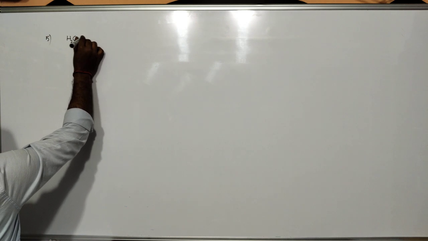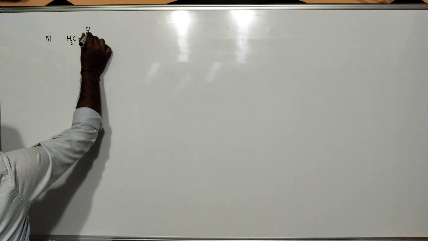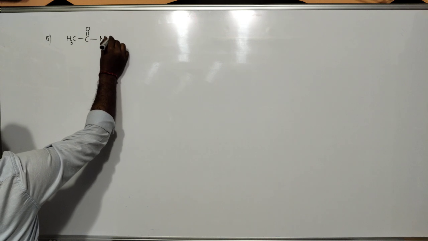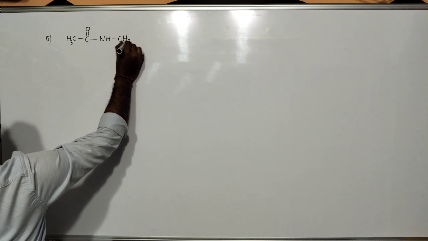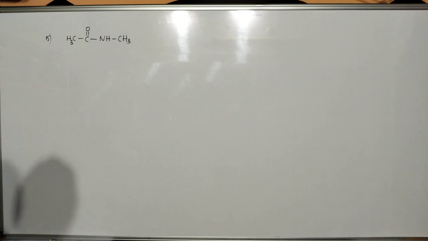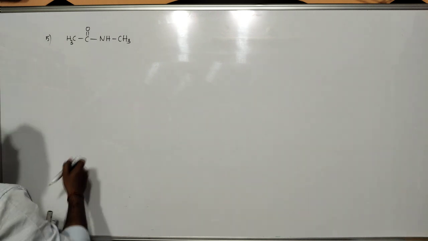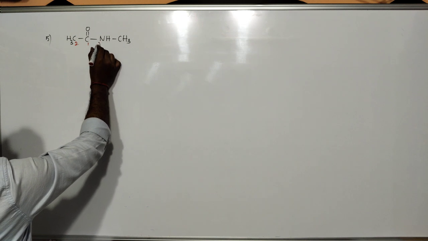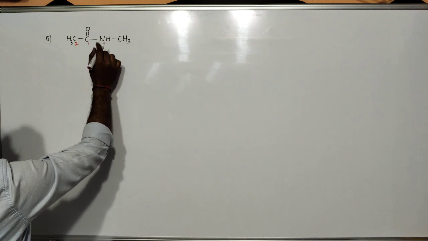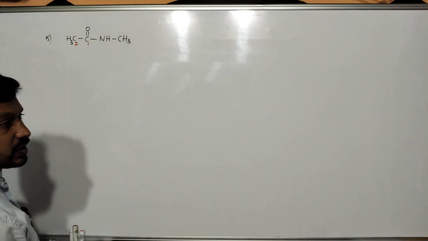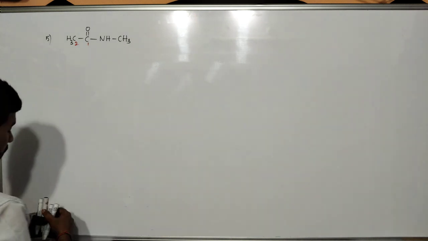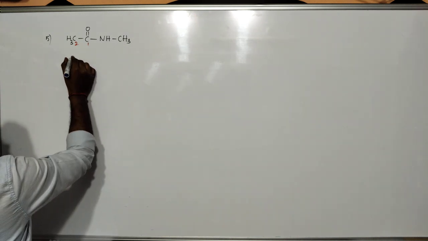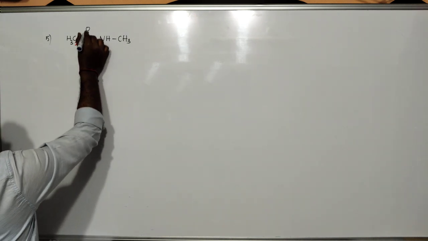CH3 C double bond O NH CH3. For this molecule, the parent chain has only 2 carbon atoms. Here the nitrogen came here. The parent chain cannot continue with the nitrogen atom. The parent chain continues with only carbon atoms. So what is the root word? Eth, ane, amide.